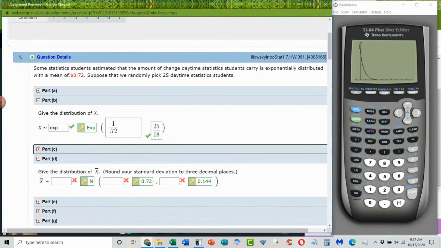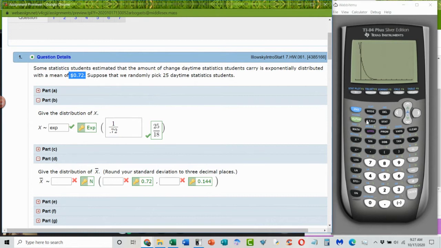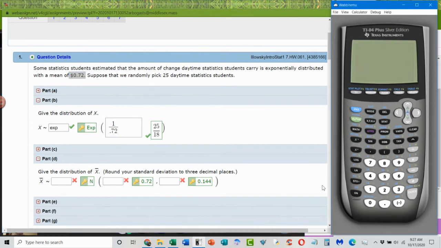Well, the standard deviation of an exponential distribution is the mean. So this number would be for both of these, but what they did is they have to divide this by the square root of 25. So we have 0.72 divided by the square root of 25, and that's where they get this number from.